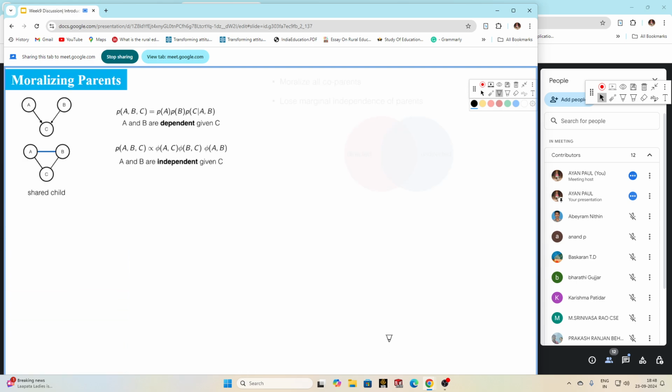Okay, but in this case, when we have two parents and one child, there is a problem. What is the problem here? Here you see the dependence. According to our explaining away effect, if C is given, then A and B are dependent.